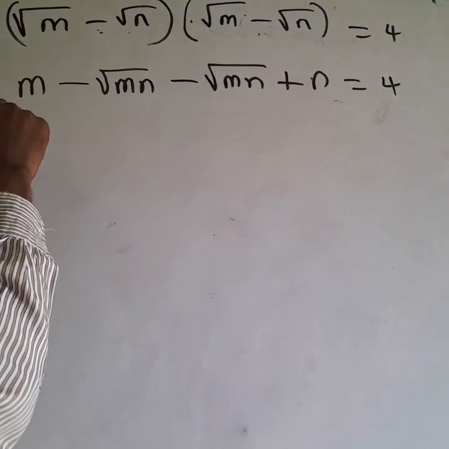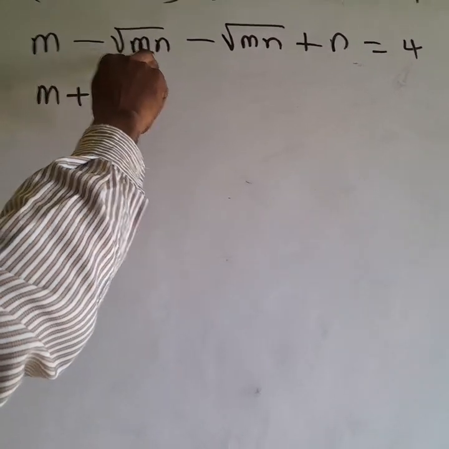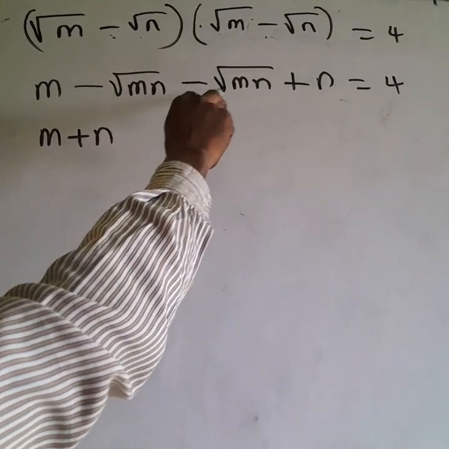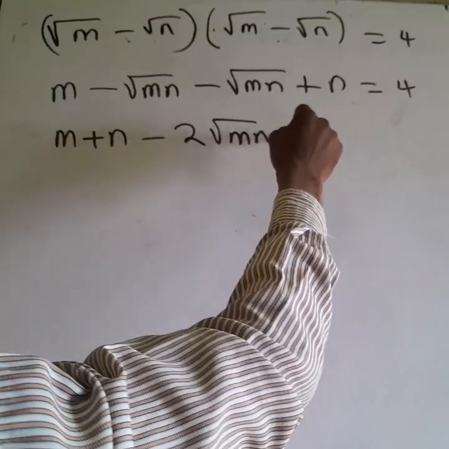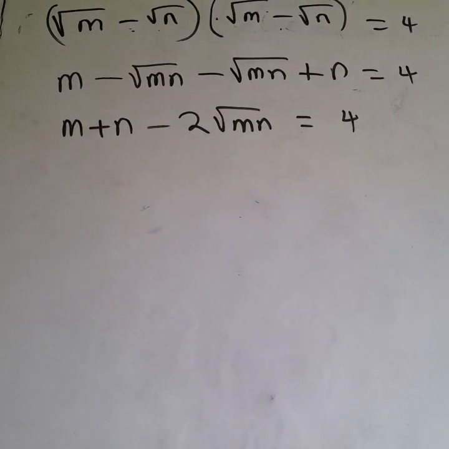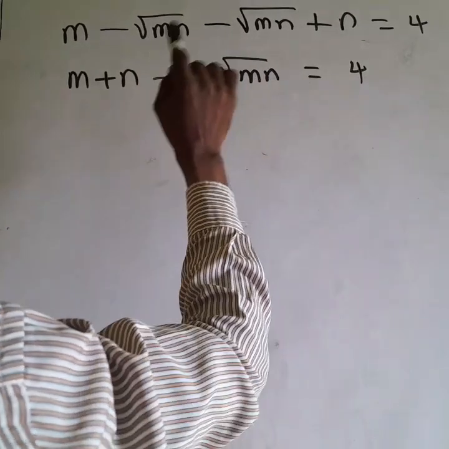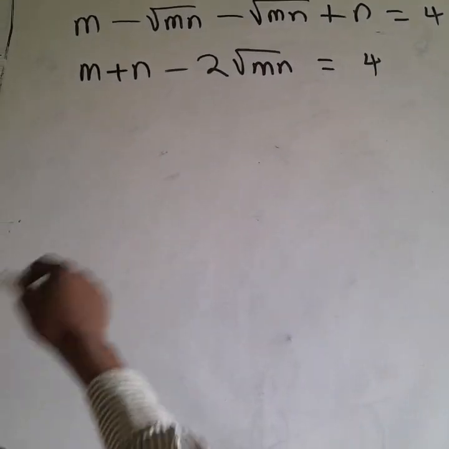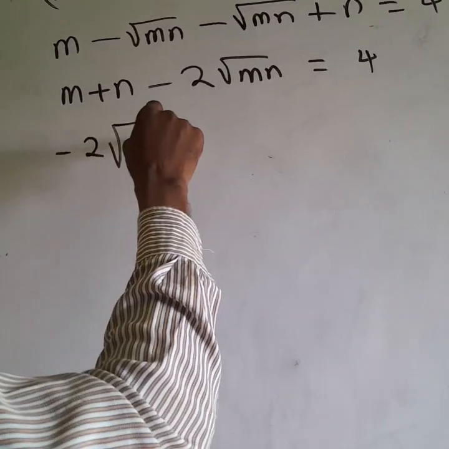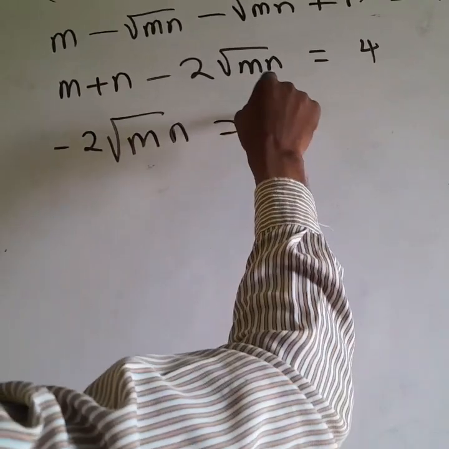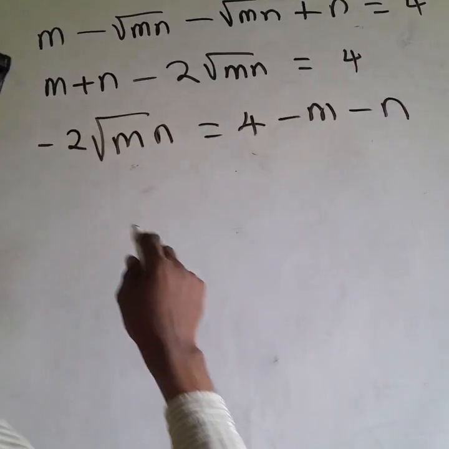So here we have m plus n, minus root mn minus root mn, which gives minus 2 root mn, equal to 4. We can separate this one to the right hand side, allowing this one to remain at the left hand side. So we have minus 2 root mn equal to 4 minus m minus n.